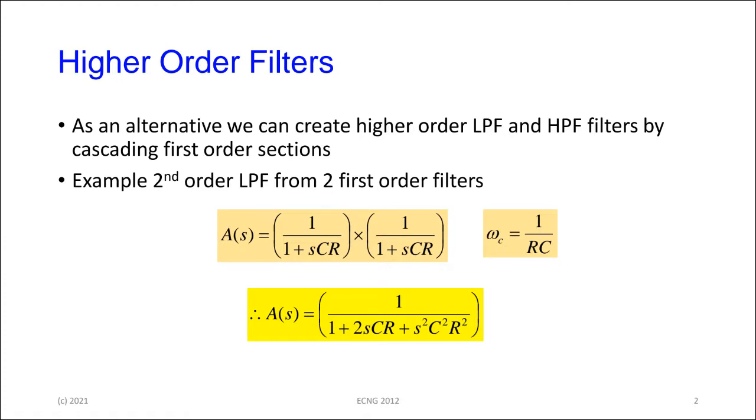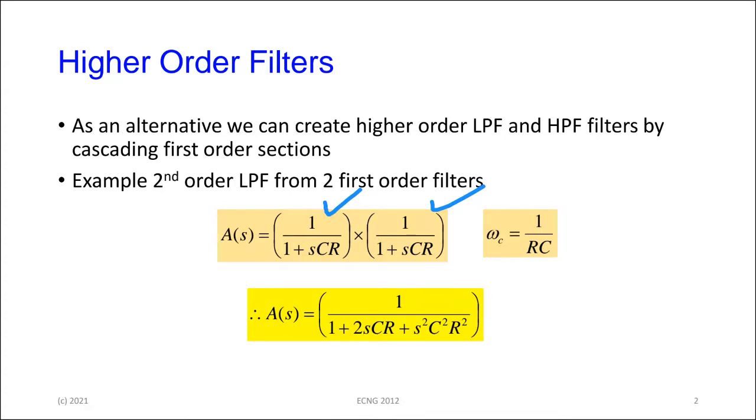So let's see, if we want to create a higher order, in our case at this point a second order low pass filter, if we cascade two first order filters, this is the transfer function for the first and the transfer function for the second, both of them have the same cutoff frequency, which is 1 over RC.